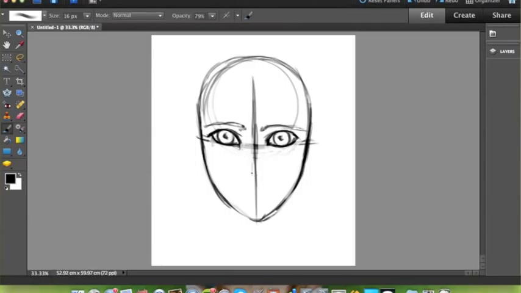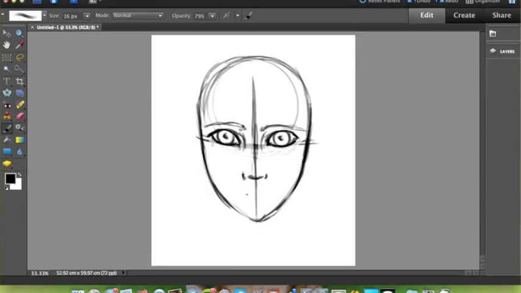The noses come along this line here, so about where your jaw is, and your cheek. So if I draw my nose about there, get that bit in there.